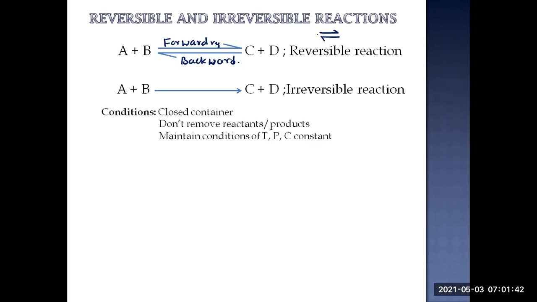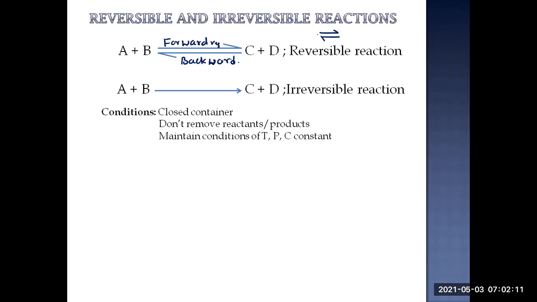Now, to carry out the reversible reaction in a sustained manner, meaning if you want the reversibility to be sustained for a long time, then you need to maintain certain conditions. Otherwise, reversibility will be affected. Generally, a reversible reaction must be carried out in a closed container so that products formed will not escape out.